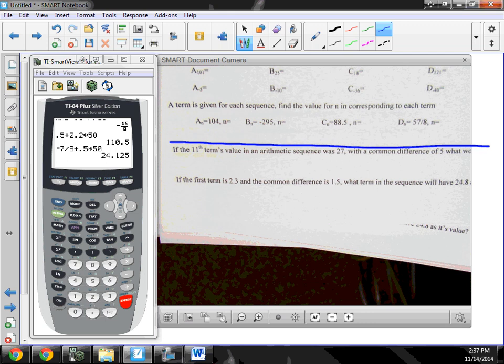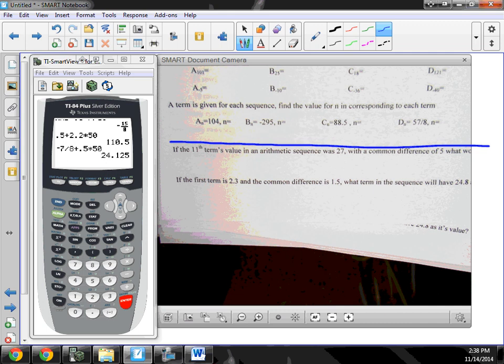What is that asking for? Not a sub 0, a sub 1. So this is saying if you know a sub 11 is 27 and it's going up by 5s, what was a sub 1?